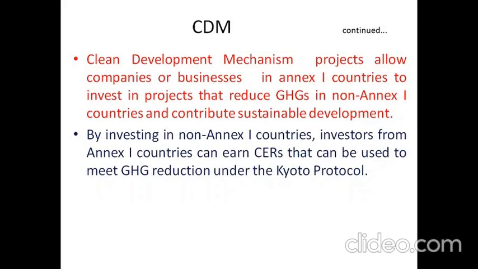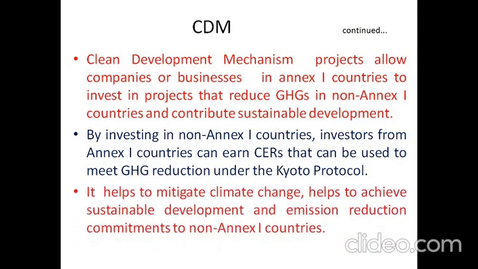By investing in non-Annex I countries, investors from Annex I countries can earn CERs, that is certified emission reductions, that can be used to meet greenhouse gas reduction under the Kyoto Protocol. It helps to mitigate climate change, and helps to achieve sustainable development and emission reduction commitments in non-Annex I countries.